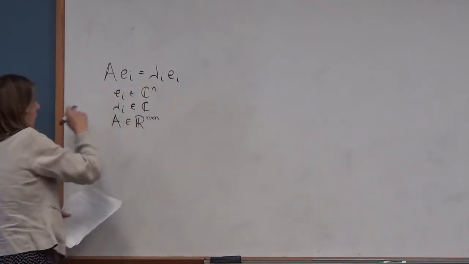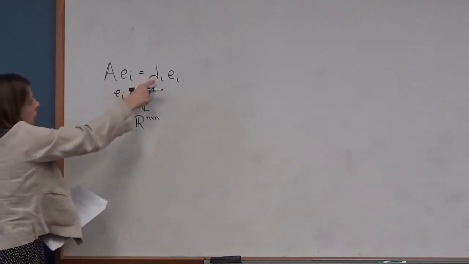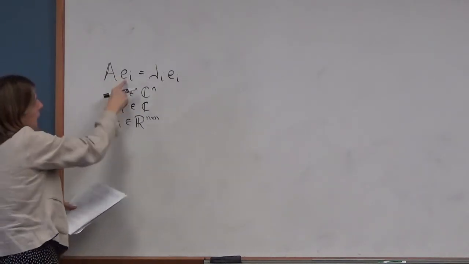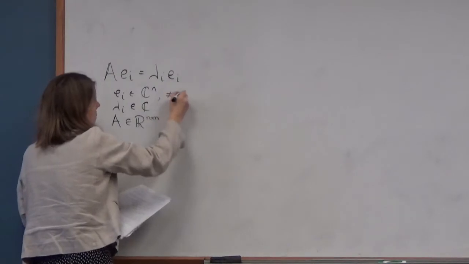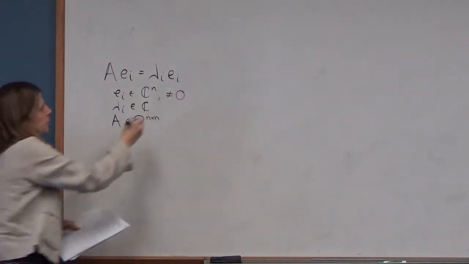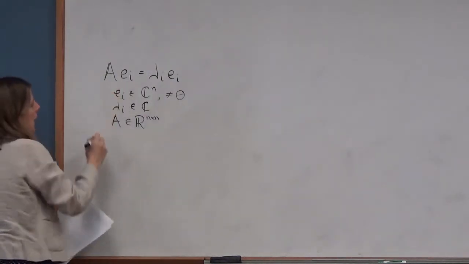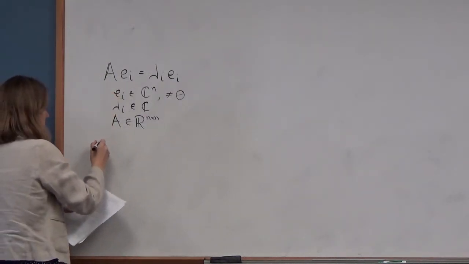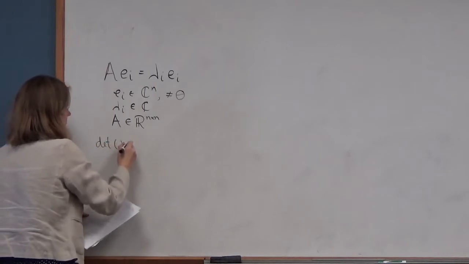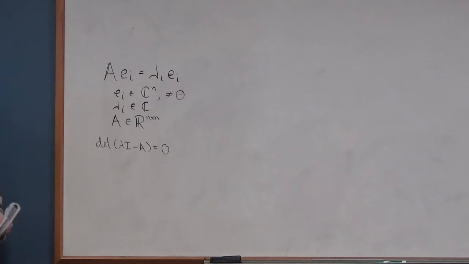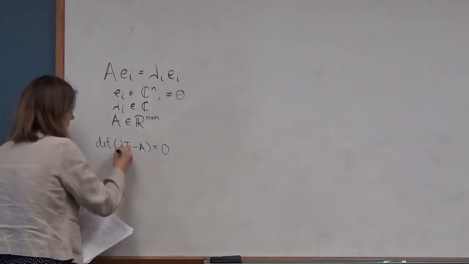So we take this onto the other side and solve for e_i. If e_i is non-zero, which is the definition of an eigenvector, then we can solve that equation by first solving for the determinant of lambda_i I minus A equal to 0, because it necessarily has a non-trivial null space at lambda_i.